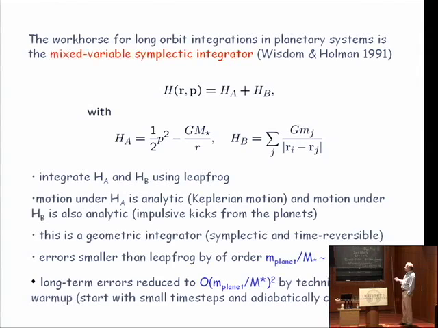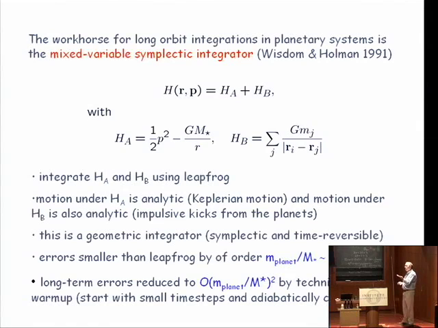It's called mixed variable because the best way to integrate this is using orbital elements or action angle variables, if you like, because in a Kepler potential the orbital elements are fixed, so the integration is trivial. This is best integrated in standard Cartesian coordinates, and since this is a kick operator, the integration here is trivial. So basically, all of the work in the integrator is switching back and forth twice every time step between orbital elements and Cartesian coordinates.